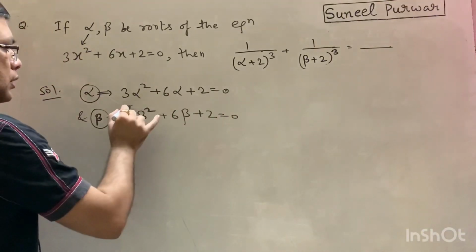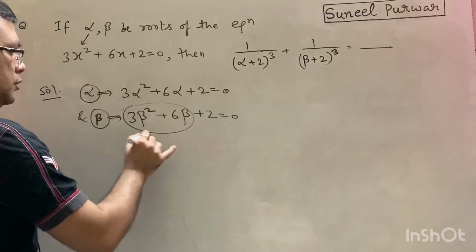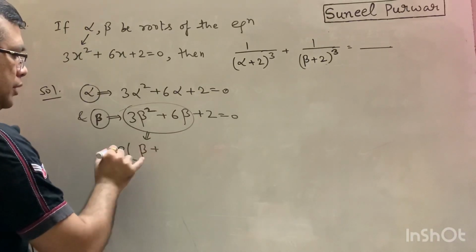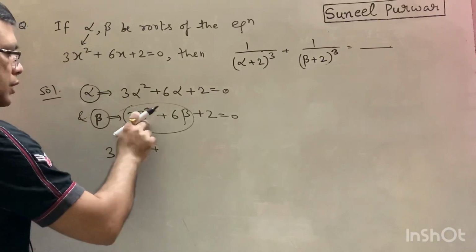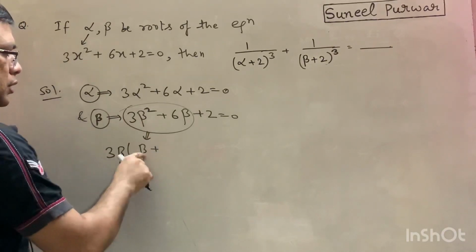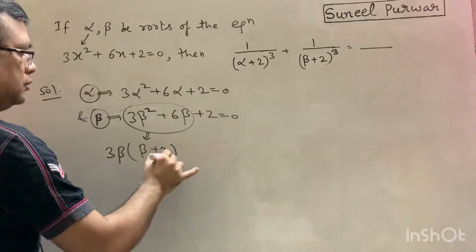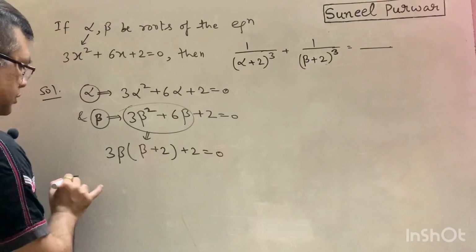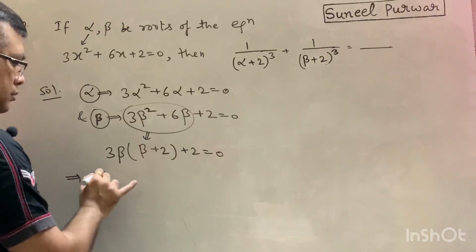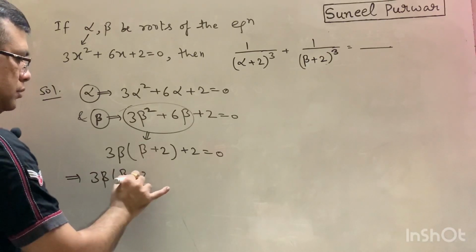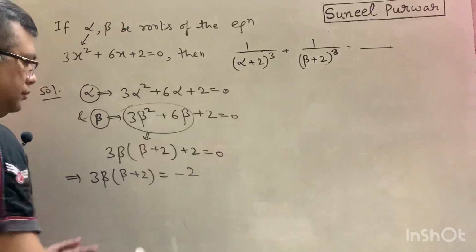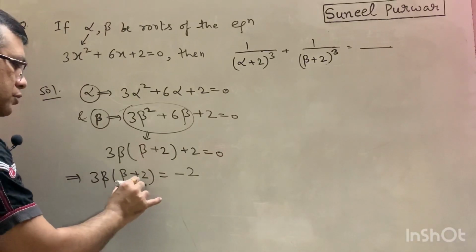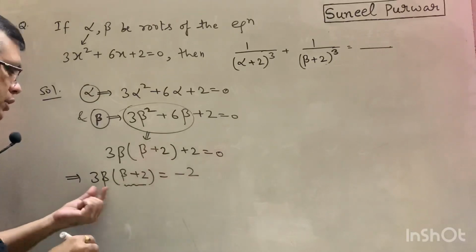Now you can take 3 beta common. If you take 3 beta common, what is left? Beta plus 2, plus 2 equal to 0. That means 3 beta into (beta plus 2) is equal to minus 2, and that means beta plus 2 we can write as minus 2 upon 3 beta.